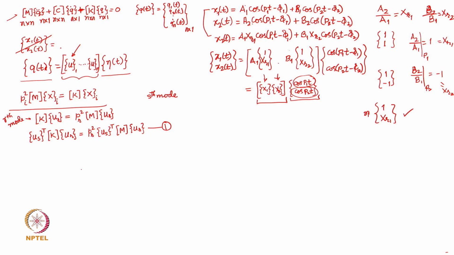If I use the sth mode, I can write the equation as k us equal to ps squared m times us, isn't it? Now, if I pre-multiply this equation by ur transpose, then the way I have got equation number 1, I get equation number 2, which I am going to write this way.